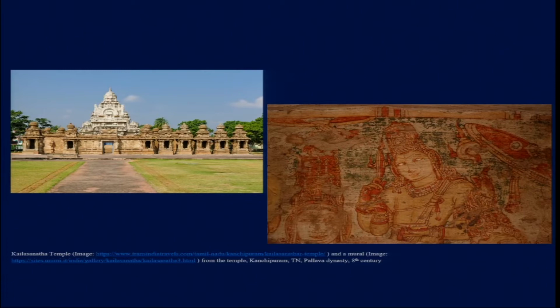Now the other thing, if we are comparing these images, we can also imagine how certain characteristic features, for example the slight bend of his head or this Tribhanga posture that we have already discussed in terms of the Bodhisattva Padmapani.